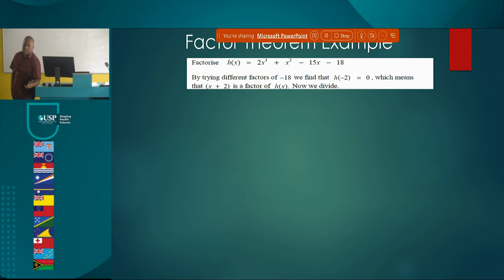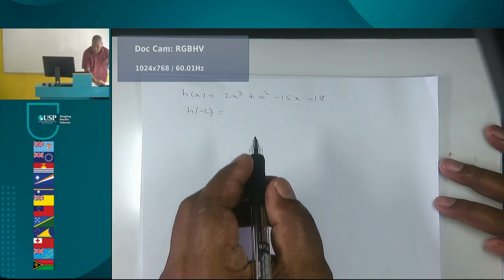1, negative 18, negative 1, 18, 2, negative 9, negative 2, 9, 3, negative 6, negative 3, 6. We'll try and substitute one of them. But at least we are told, try and substitute negative 2 here. Do you get 0? Quickly. So, h of negative 2. Let's do that together.